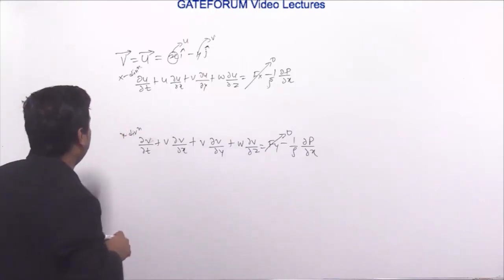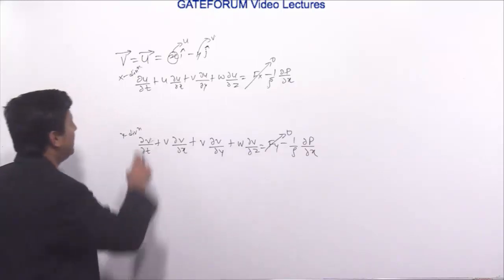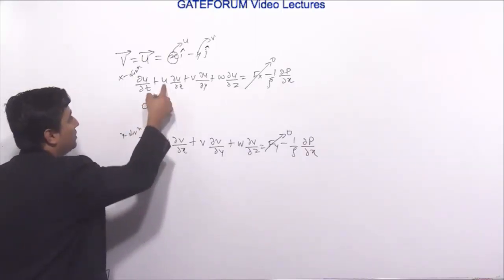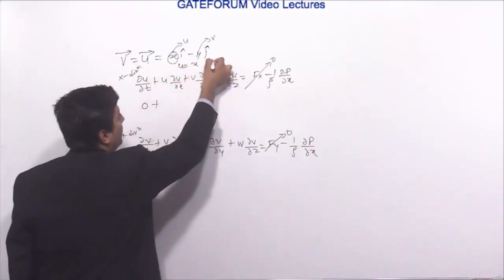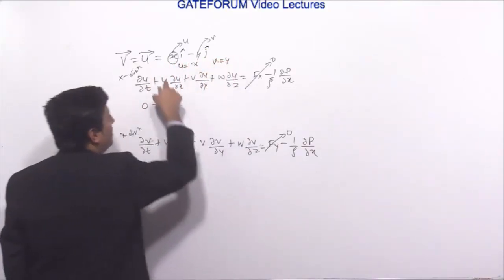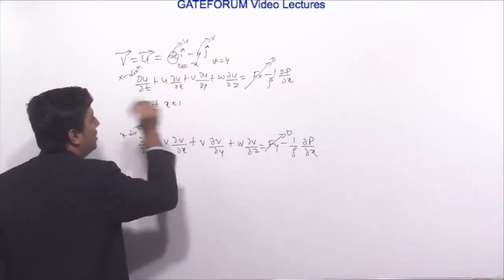So let me go for del u by del t. What will we get? 0. And u is equal to x and v is equal to minus y. u is equal to x, and del u by del x is equal to 1.